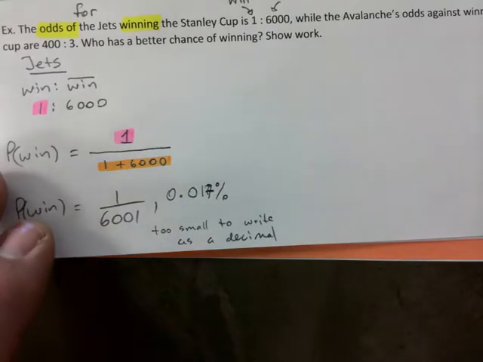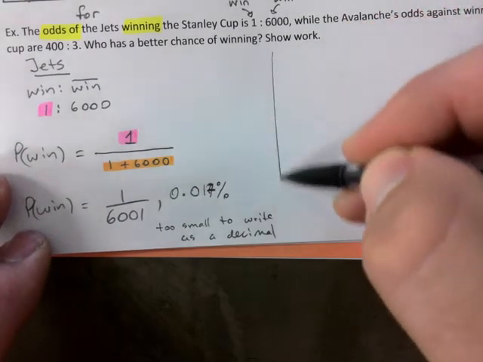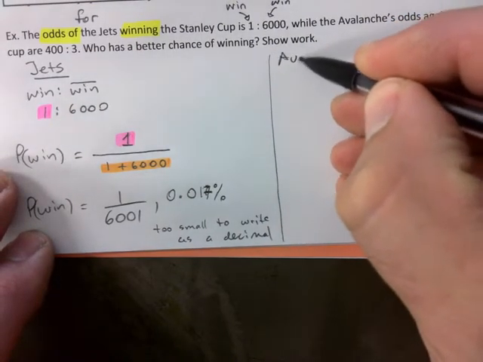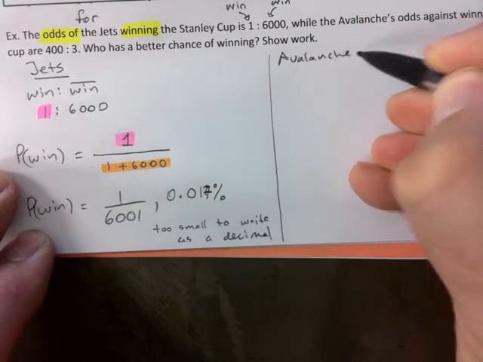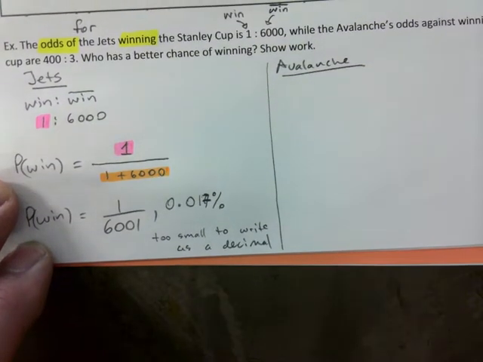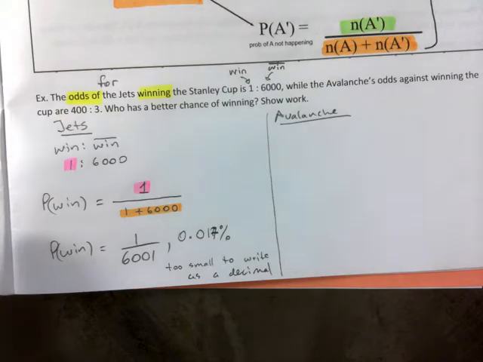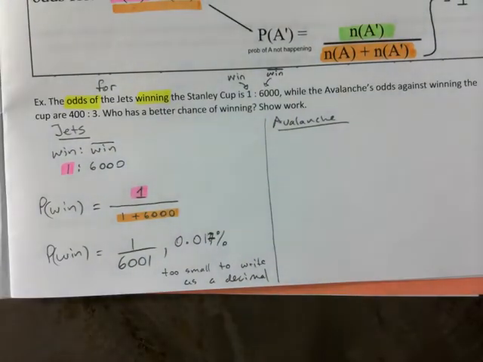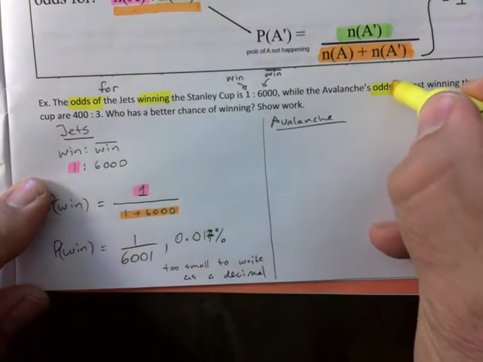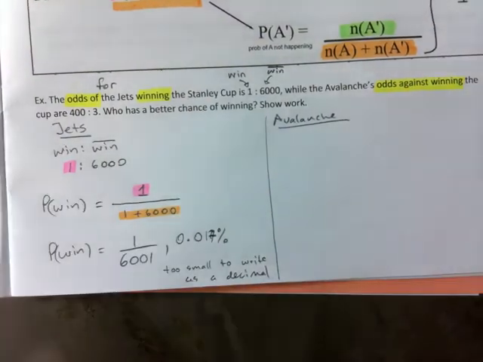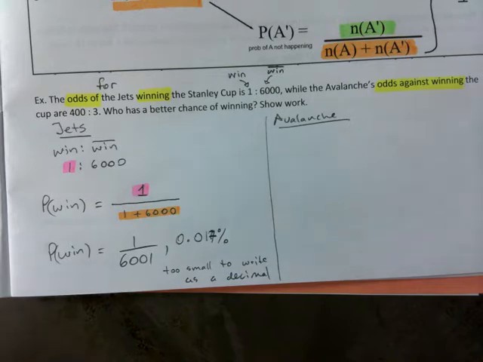Let's talk about the avalanche. Okay, what happened there? How was that stated? So you see that it's odds, right? But you need to go back. Like how did they write it? Odds against winning. Let's underline against.